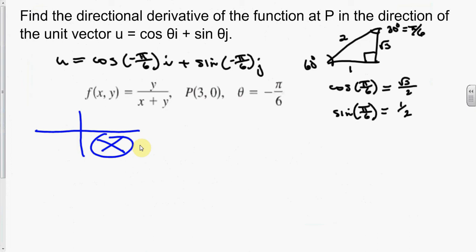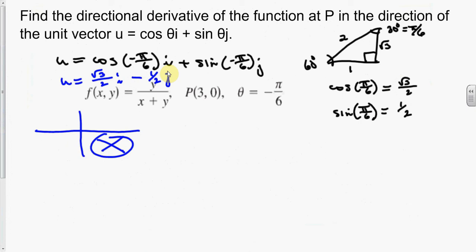So here the u comes out to be the square root of 3 over 2, because cosine is positive over here, times i. But the sign here, the y, would be negative. So this is minus 1/2 j.